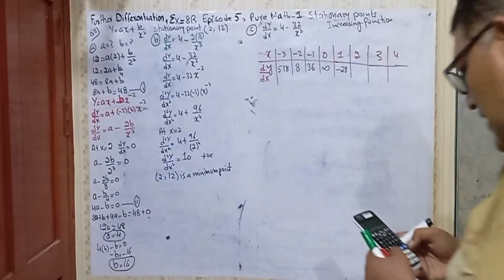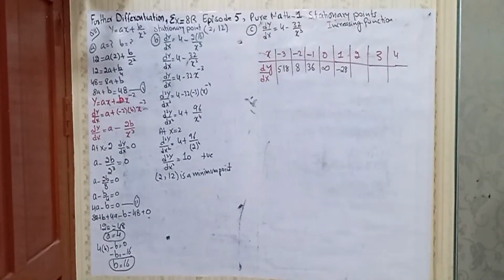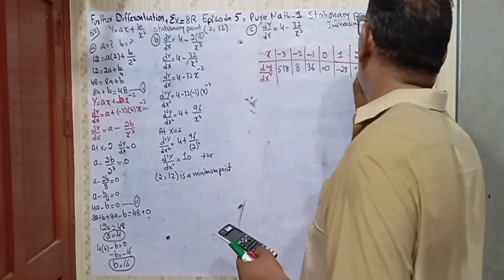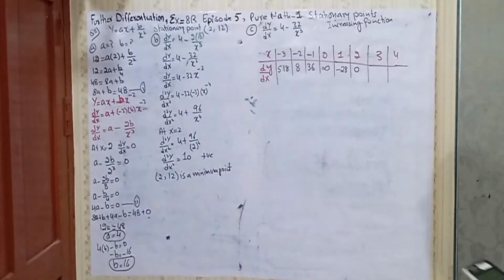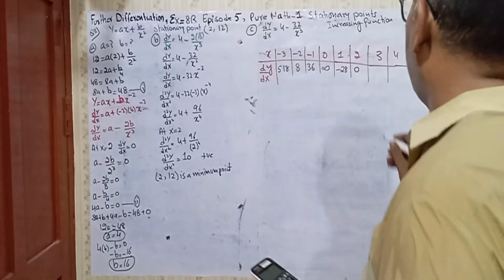At 2, 4 minus 32 divided by 2 cubed will be 0. At 3, 4 minus 32 divided by 3 cubed will be 2.8.